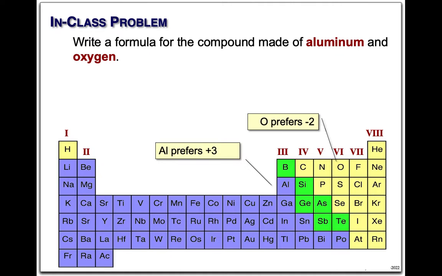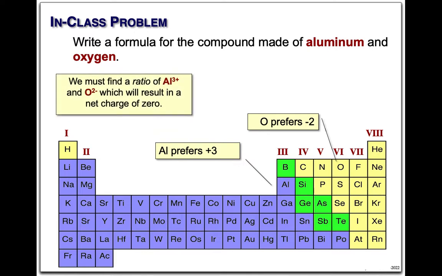So we have a +3 and a -2. We have to come up with a ratio that will give us a net charge of 0. Now, once again, this isn't rocket science. You could do this in your head, but there's a cute little symmetry thing you can do that's actually useful as we go on.